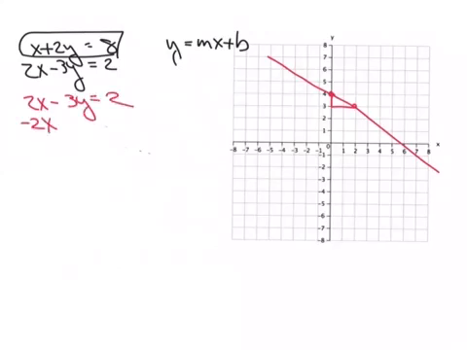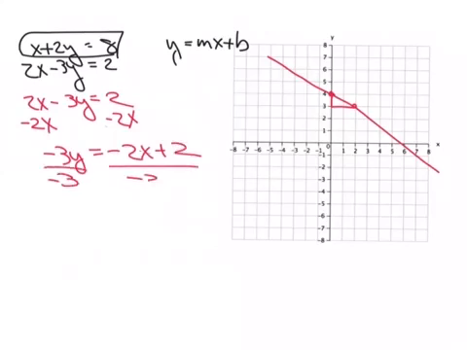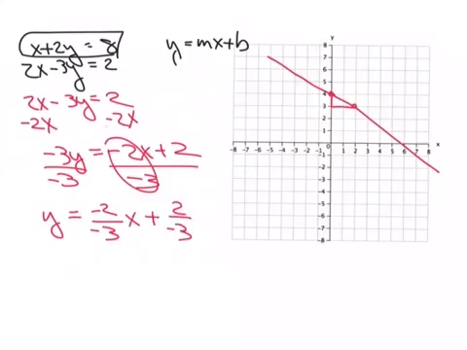Subtract 2x from both sides. Negative 3y equals negative 2x plus 2. Divide by negative 3, divide by negative 3. Gives me y equals, split these up, negative 2 over negative 3x plus 2 over negative 3.